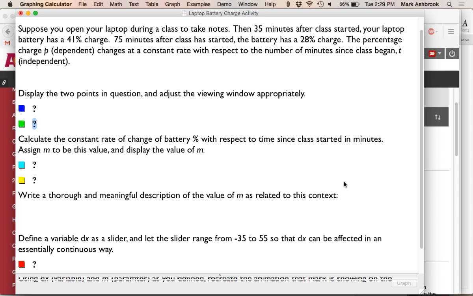Then you're going to assign and calculate the value of M. In the next line, just display what M is, because that assignment won't give you its value, but it will assign that value to M. Then you're going to write in the text a thorough and meaningful description of that value, based on what we've learned today.